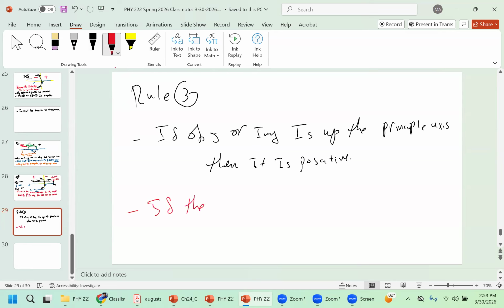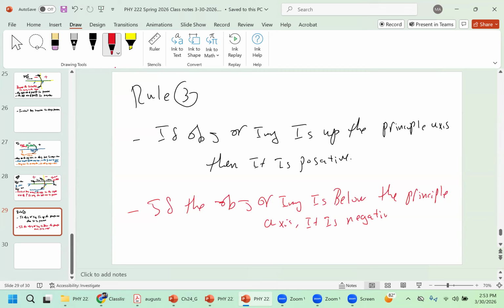If the object or image is below the principal axis, it is negative. This one is negative, right? Negative. Yeah. Awesome.